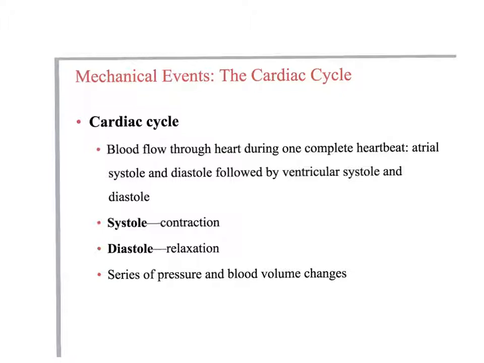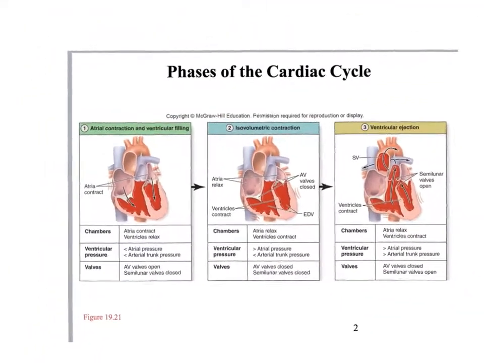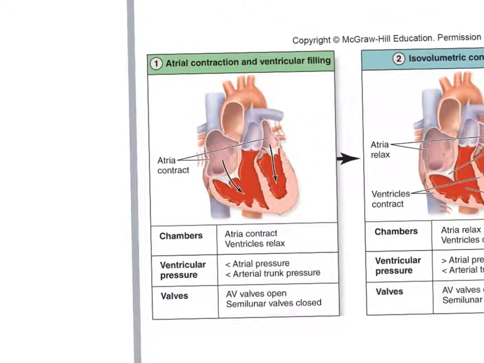There are three different parts to this. First, we're going to start at the beginning with atrial contraction and ventricular filling. Let's understand that 80% of the blood that fills the heart happens passively.